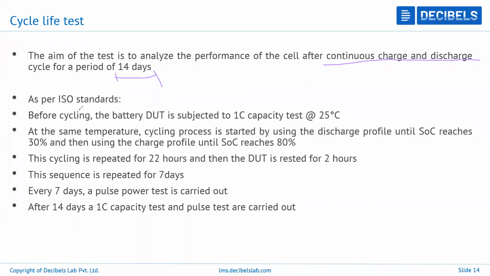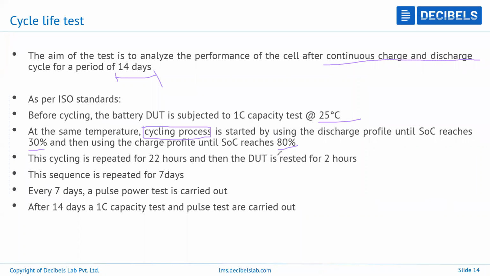Once again, we see here as per ISO standards, the battery is first and foremost kept at 25 degrees Celsius, and then it is subjected to a cycling process, where you charge the cell till it reaches 80% and then discharge the cell till it reaches 30% of its capacity.